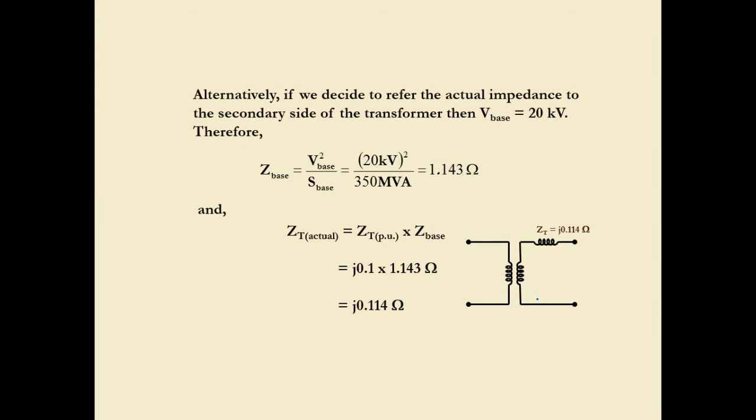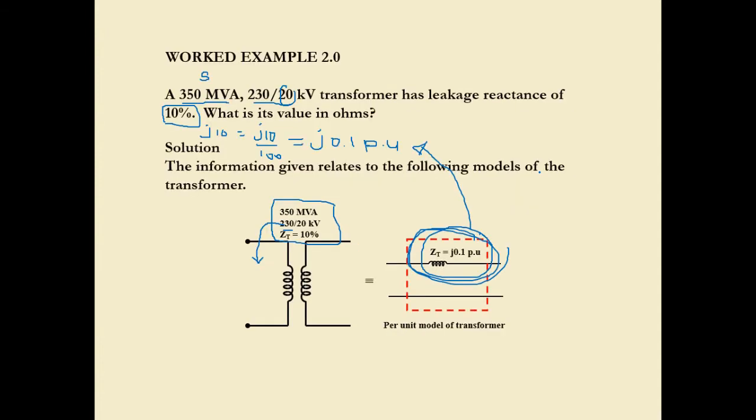Alternatively, what if we decide to refer the actual impedance to the secondary side of the transformer? Then we have to pick V base equal to 20 kV. Going back to our diagram, we can see from the ratio, or from the question, that the secondary side has 20 kilovolt as the voltage rating.